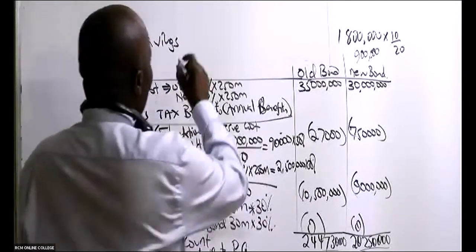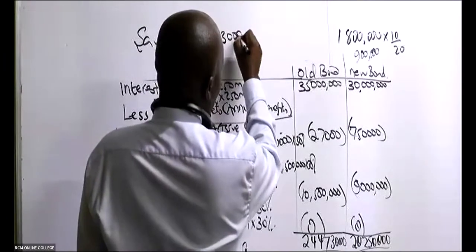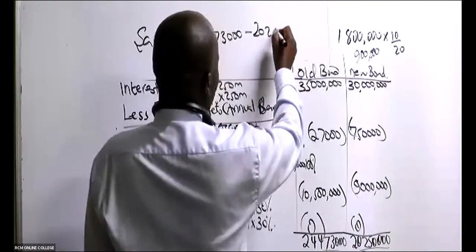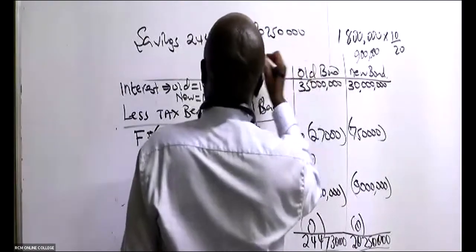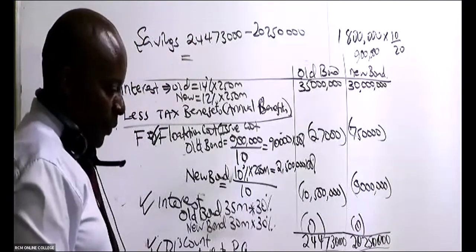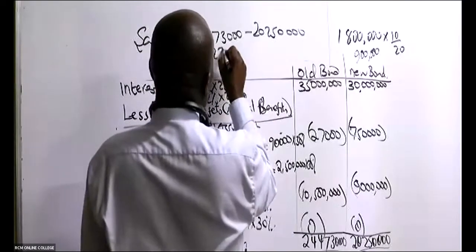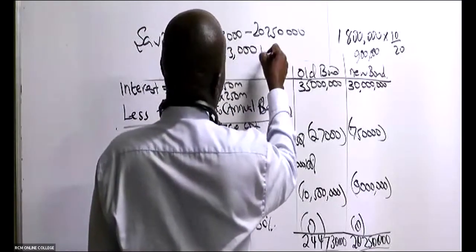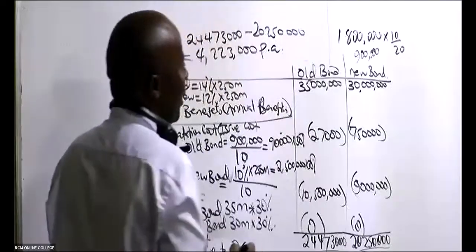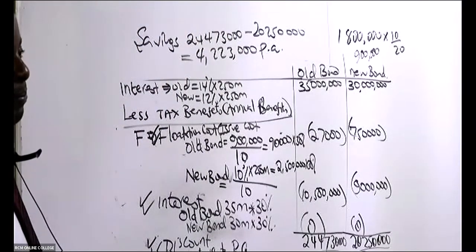So savings is 24,473,000 minus 20,250,000, which equals 4,223,000. And remember, this is per annum.